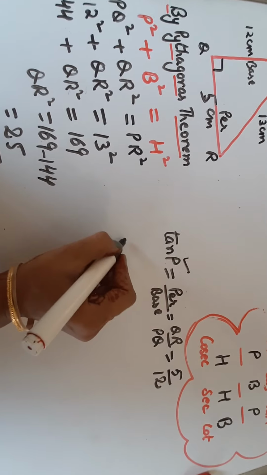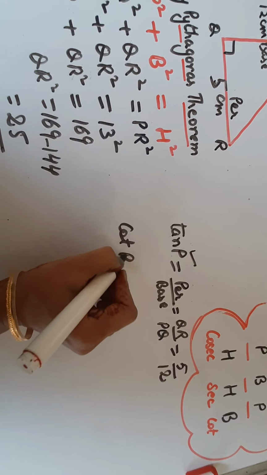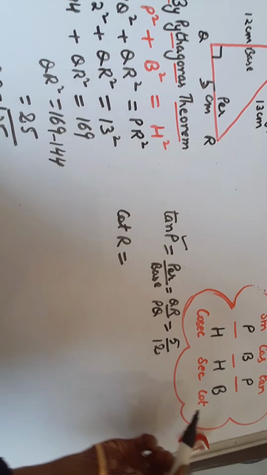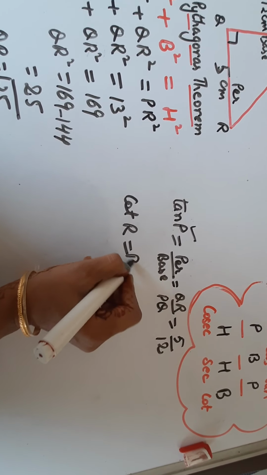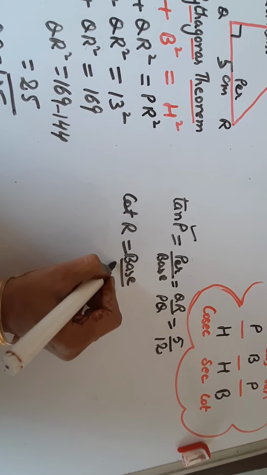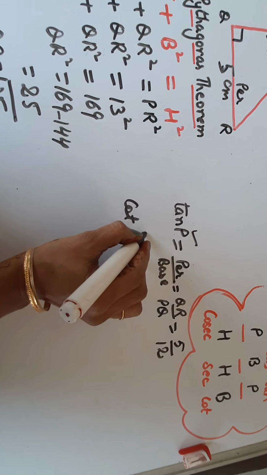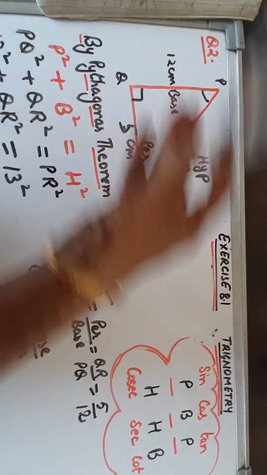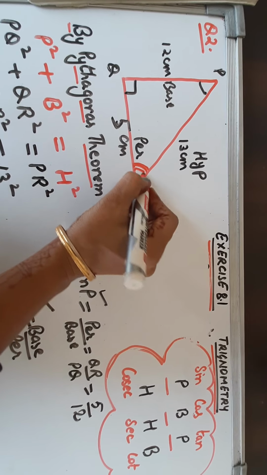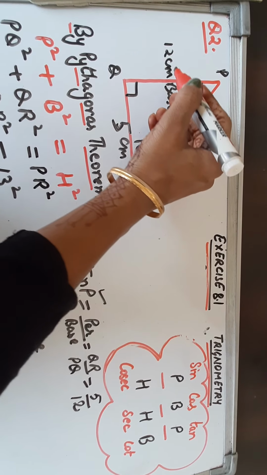Now the second ratio used in the question is cot R. Cot is the reciprocal of tan, so base by perpendicular. Now which angle is there? Angle R. So according to angle R, the side opposite to R is this.